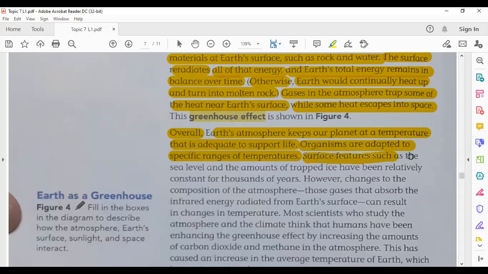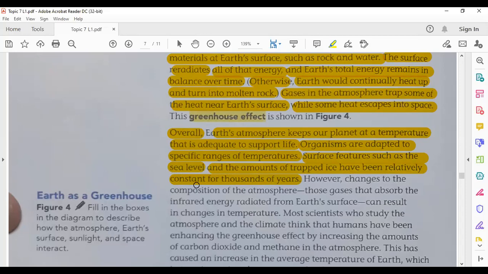Surface features such as the sea level and the amounts of trapped ice have been relatively constant for thousands of years. I mean, the amount of ice in the Arctic and Antarctic, or in the North Pole and the South Pole, thousands or millions of years ago, is constant and does not change.